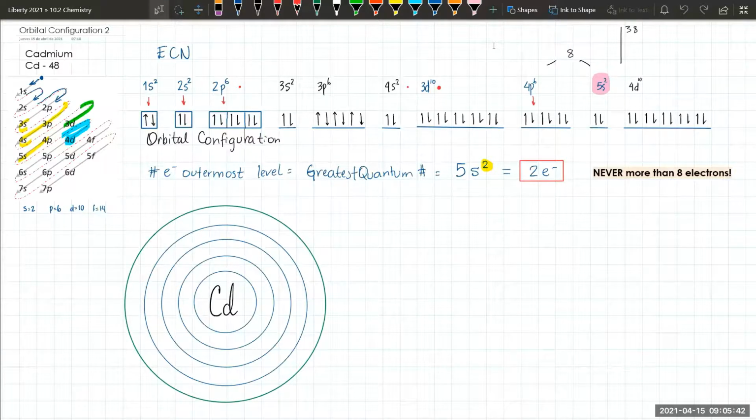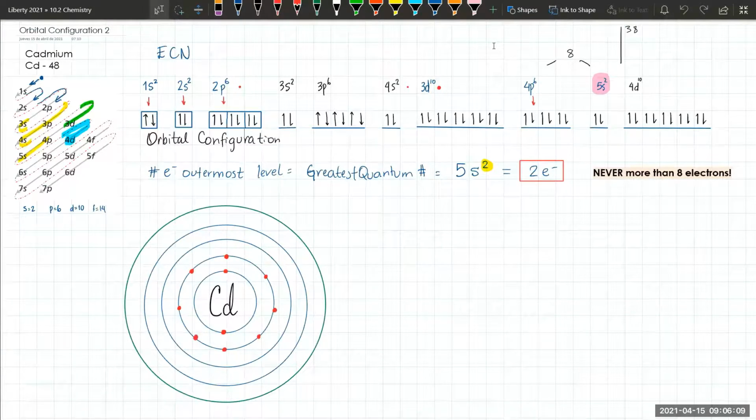So I'm just going to put the 2 electrons right here. In the second orbital, I have how many electrons? 8. I have 8. Okay, 2 plus 6, that makes 8. So it's going to be 1, 2, 3, 4, 5, 6, 7, 8.